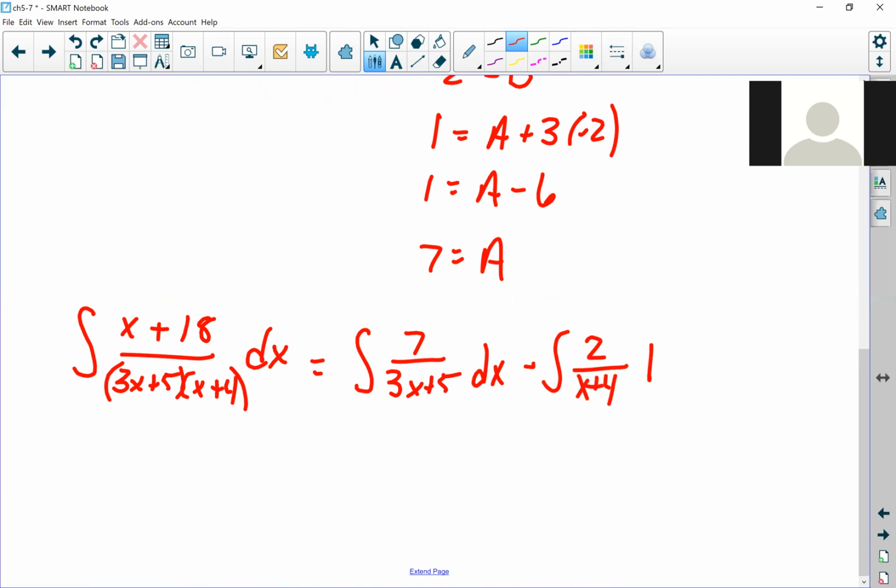And again, if you would rather write that as plus -2, you can. No problem there.